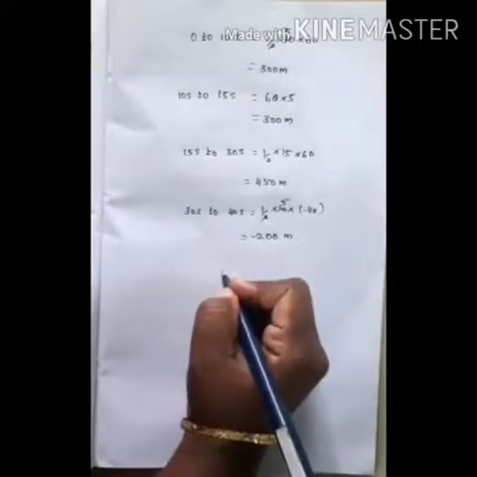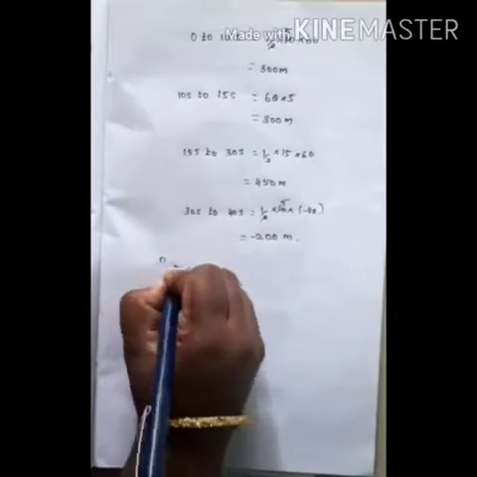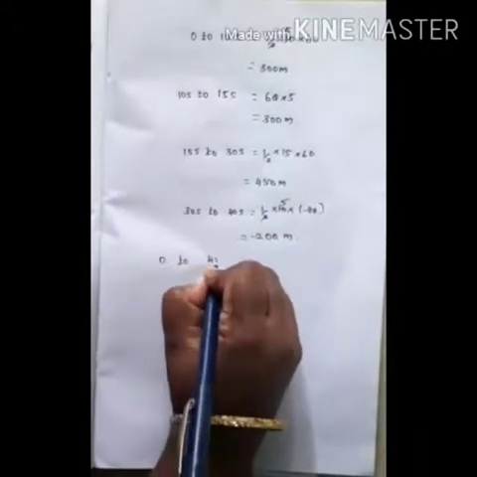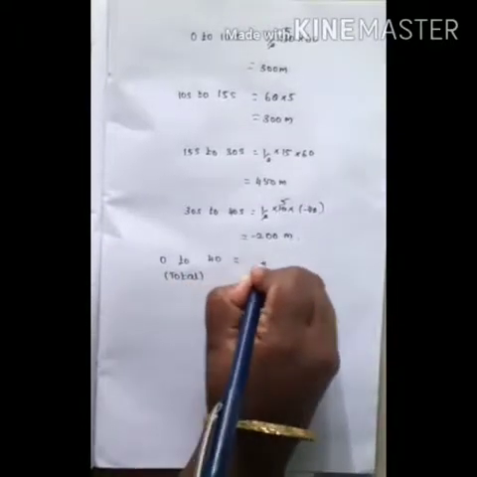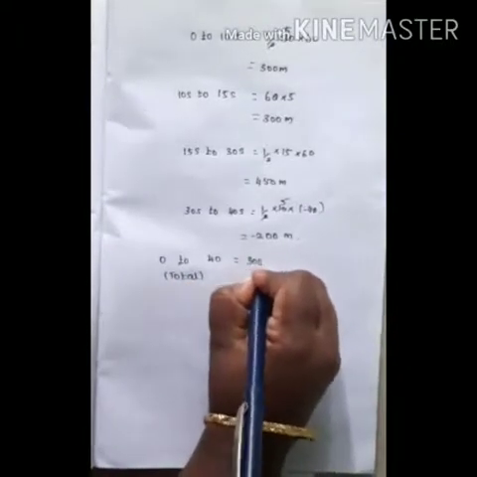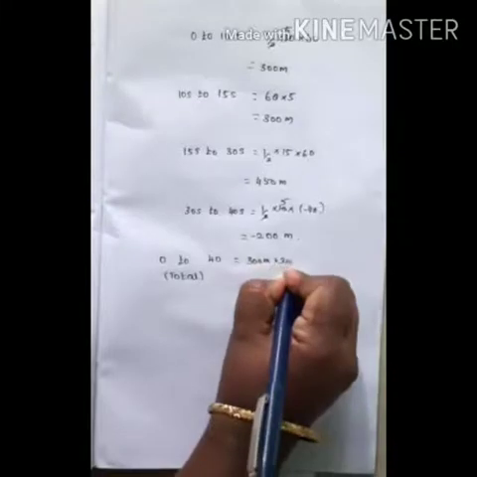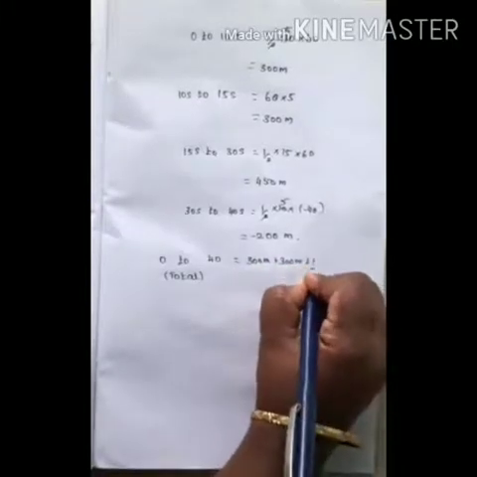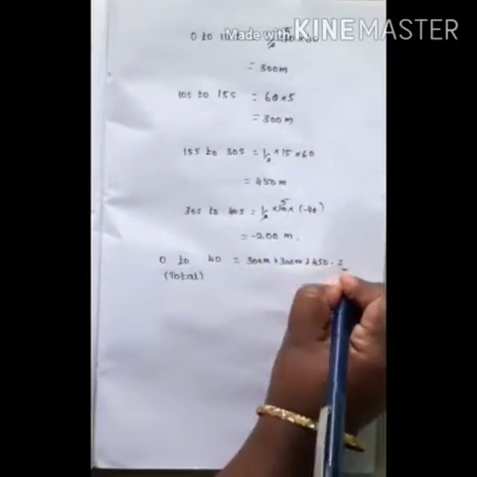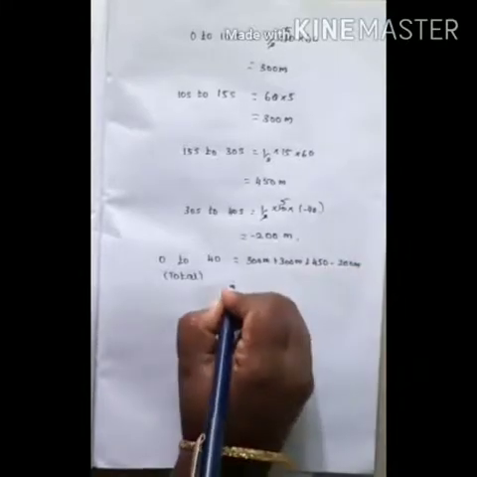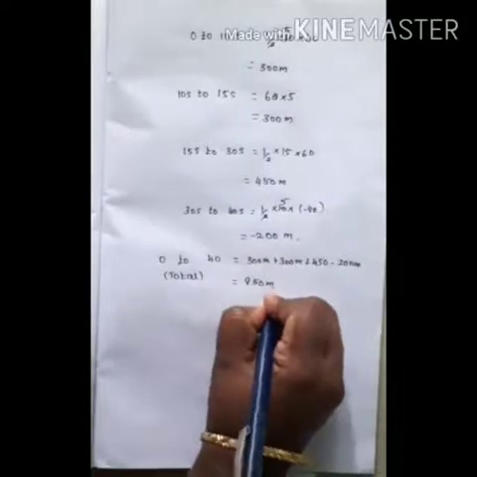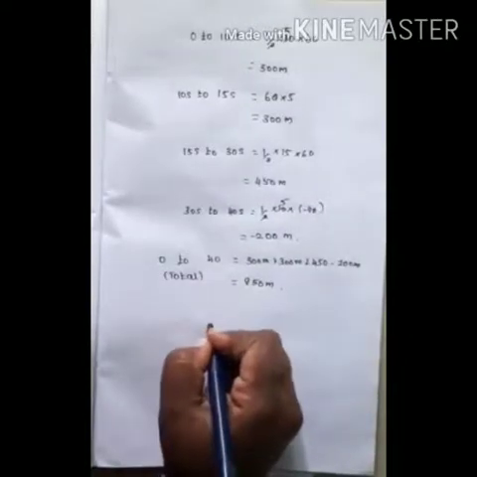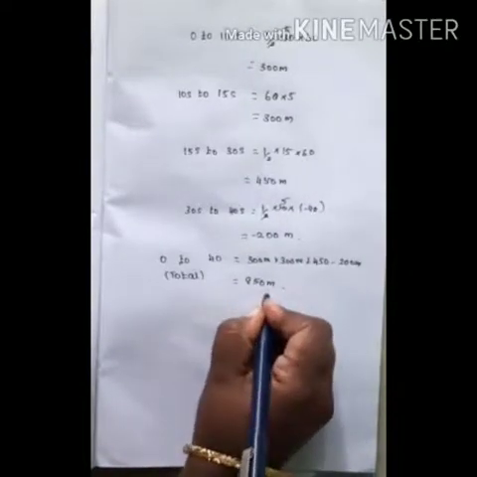The total displacement from 0 to 40 seconds is 300 meter plus 300 meter plus 450 meter minus 200 meter. Therefore, 850 meter. The particle's net displacement is along the positive x direction.